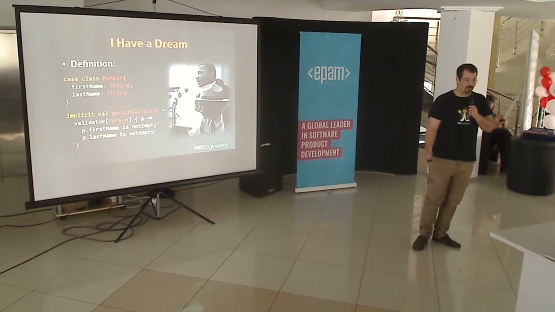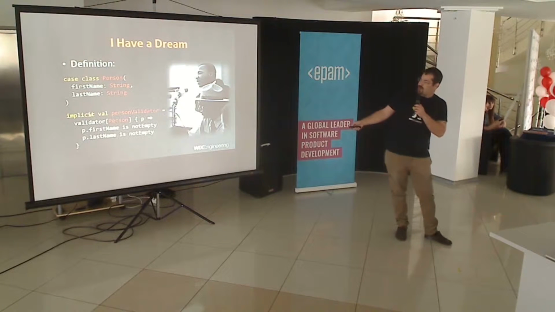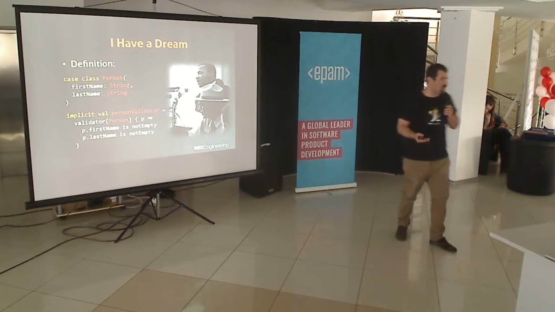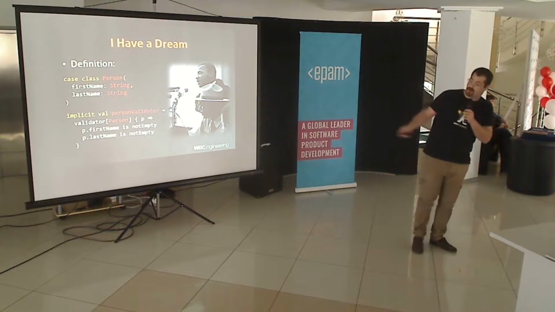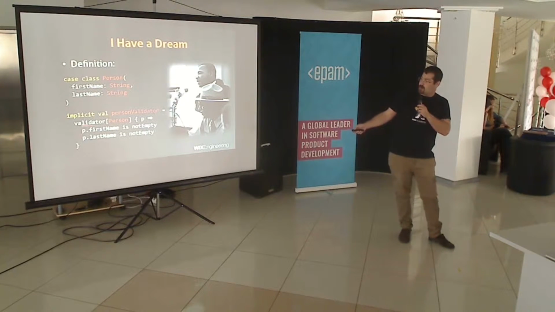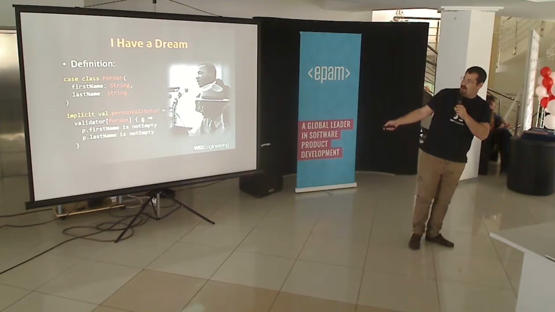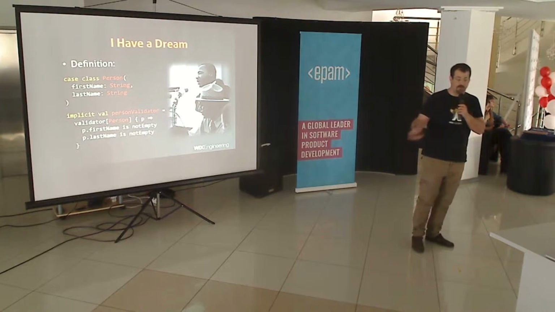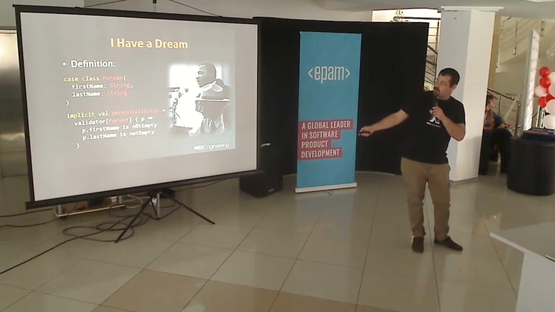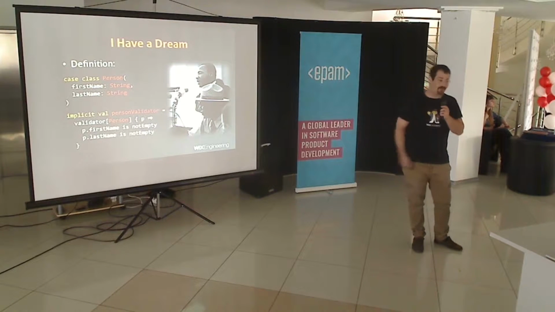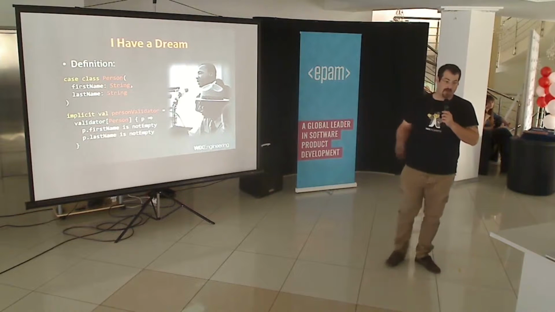So here I have an implicit value, personValidator. Validator is a type class in Accord. I define a validator over the type of Person. The way I define validation rules is I give a name to a sample object, let's call it p for person. Then I can write p.firstName is not empty, p.lastName is not empty. And that is the premise that we started off with.